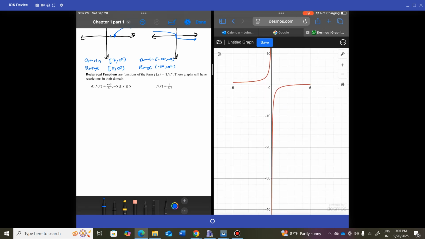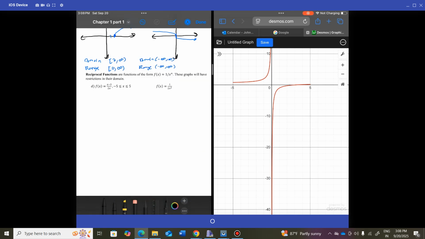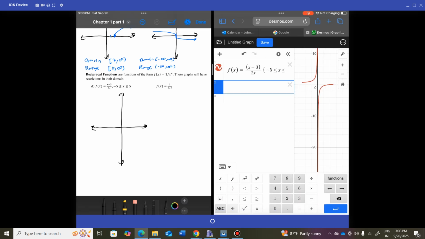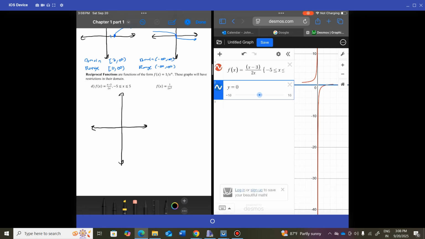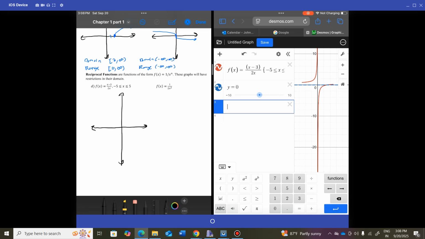Alright, so here we have an asymptote, and we actually have a horizontal and a vertical. The horizontal is at y equals 0, and the vertical is at x equals 0.